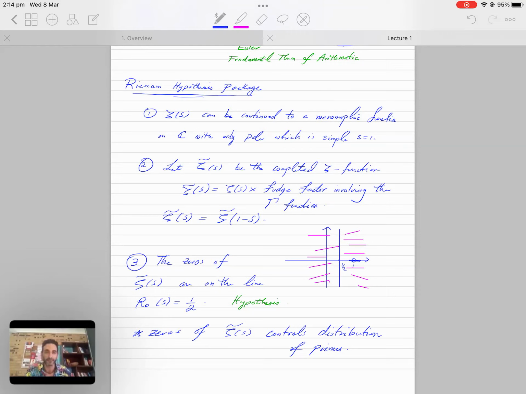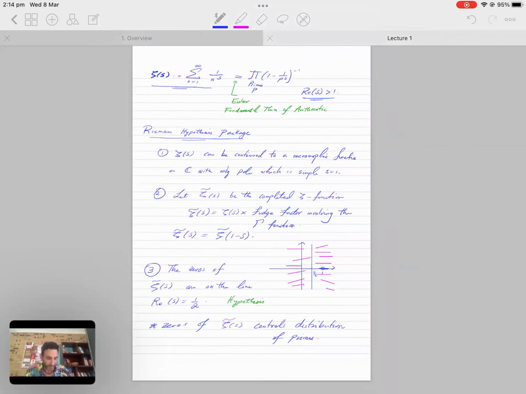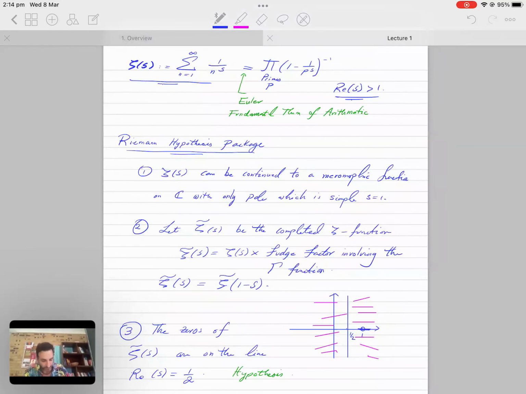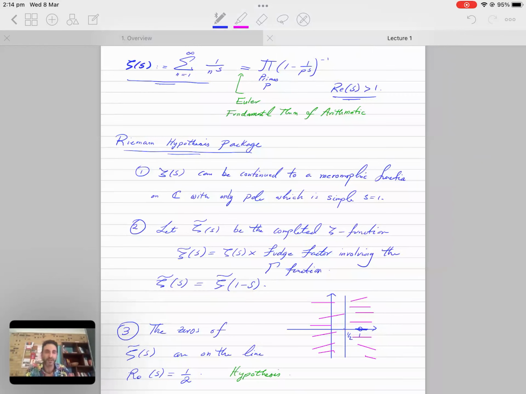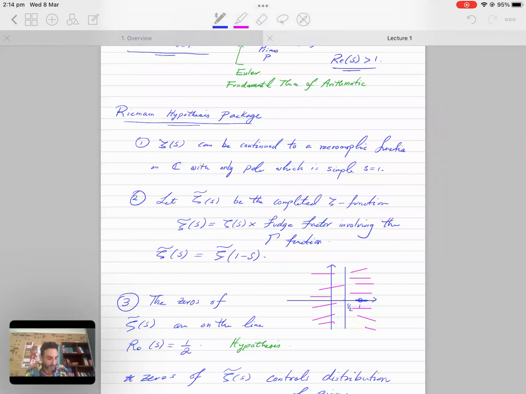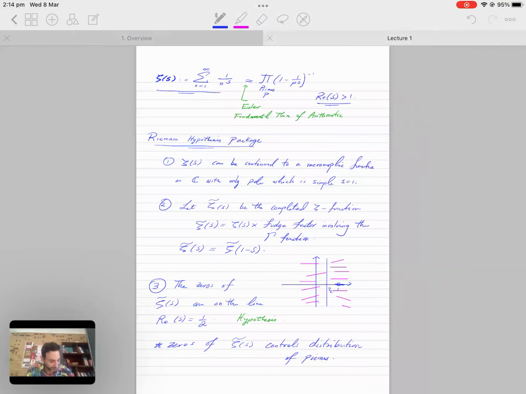And you can see, of course, from the Euler product that there is some connection to primes, but what exactly the distribution of primes means and how exactly that is controlled by the zeros, maybe we'll talk about next time. Although I have to say that I don't have a good conceptual explanation for that.